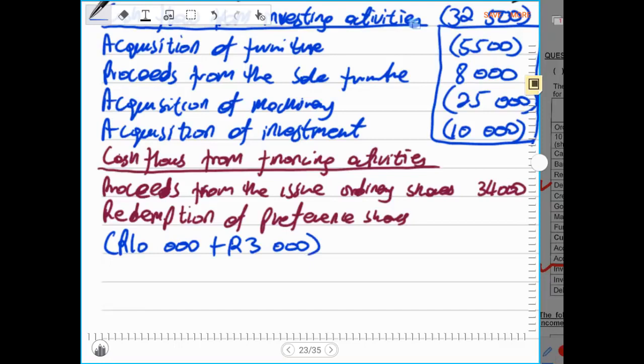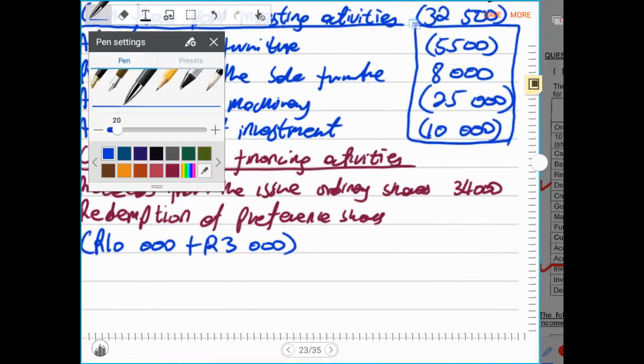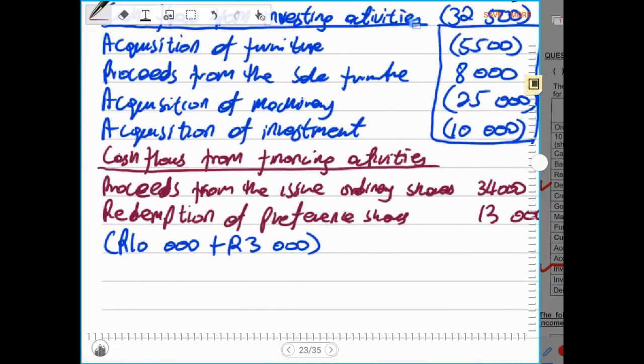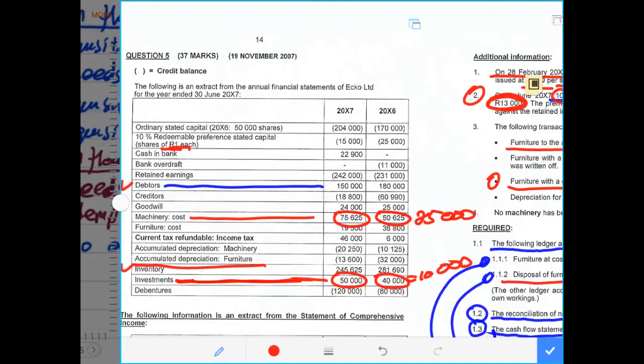Therefore, this will give us 13,000 rands. So that's where the 13,000 rands is coming from. It is the total of the capital of 10,000 that was redeemed plus the premium of 3,000. Hence, we only see 13,000, however it is the sum of the two amounts. So I just want to give you broader clarity in terms of this entry.